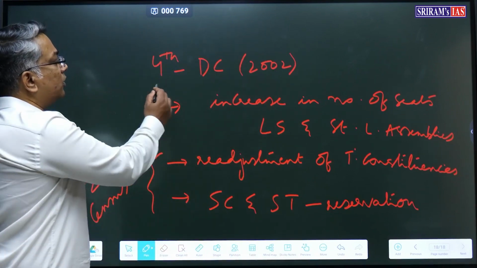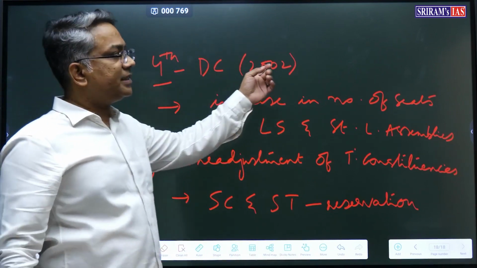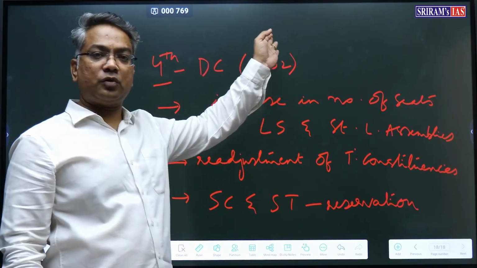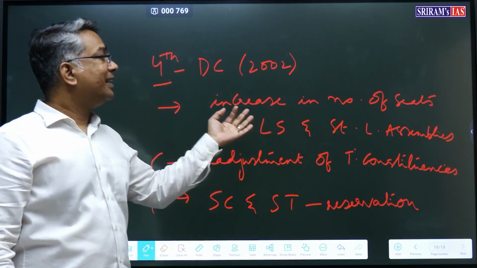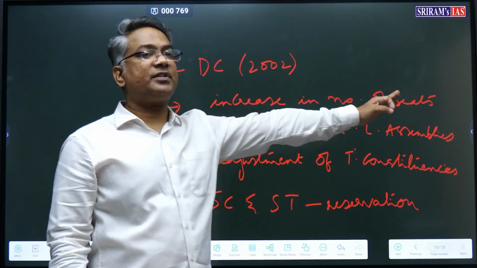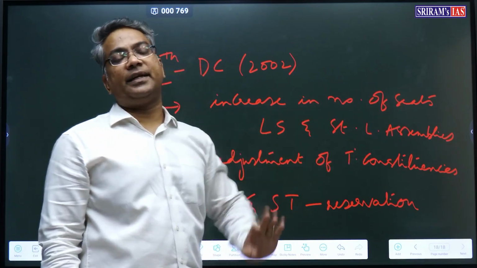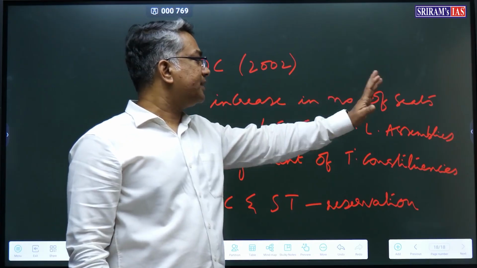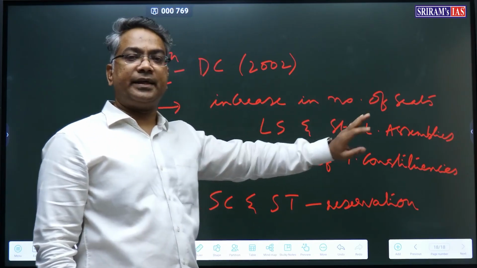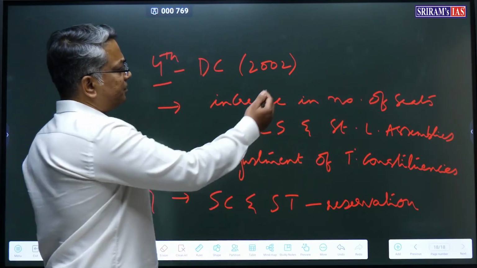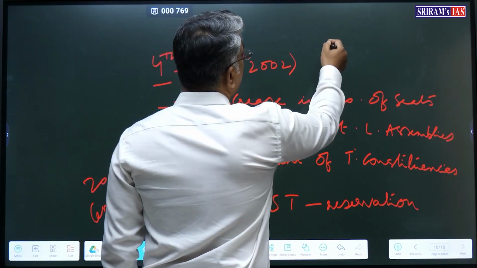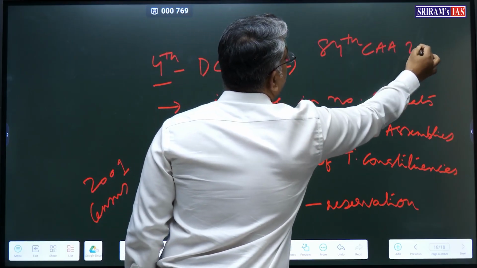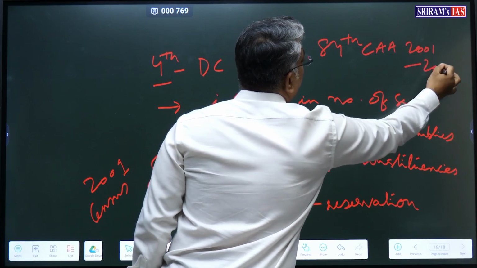So, the fourth delimitation commission constituted in 2002 could not recommend the increase in number of seats in Lok Sabha and state legislative assemblies. The 84th Constitutional Amendment Act again froze it till the year 2026.